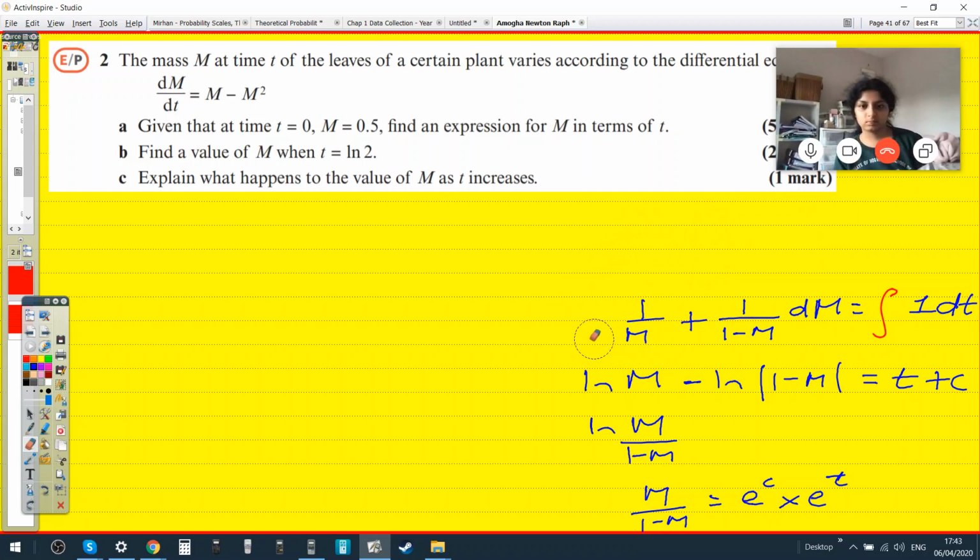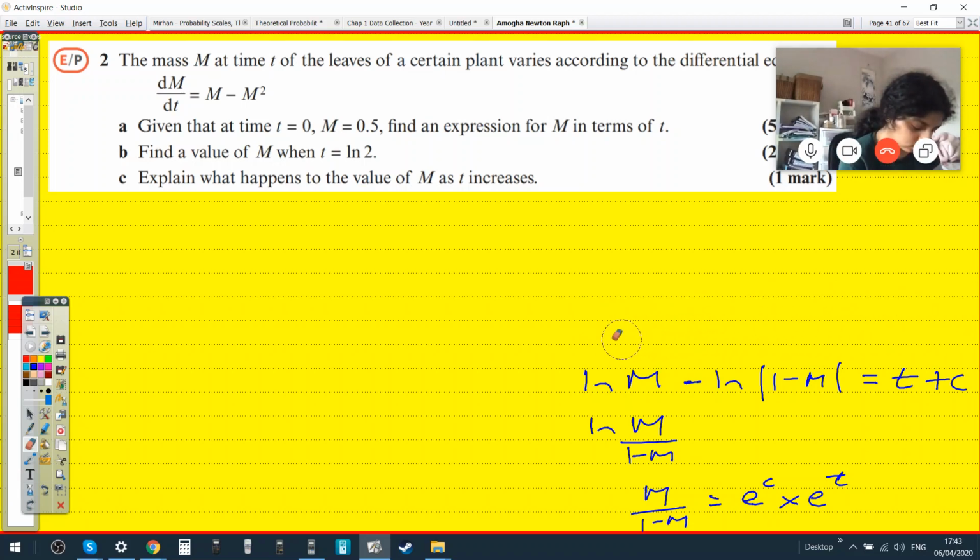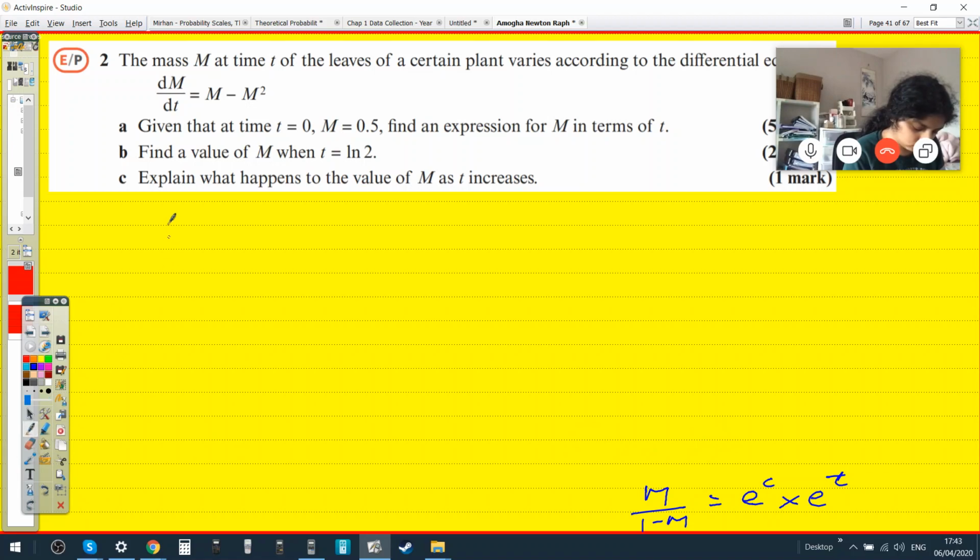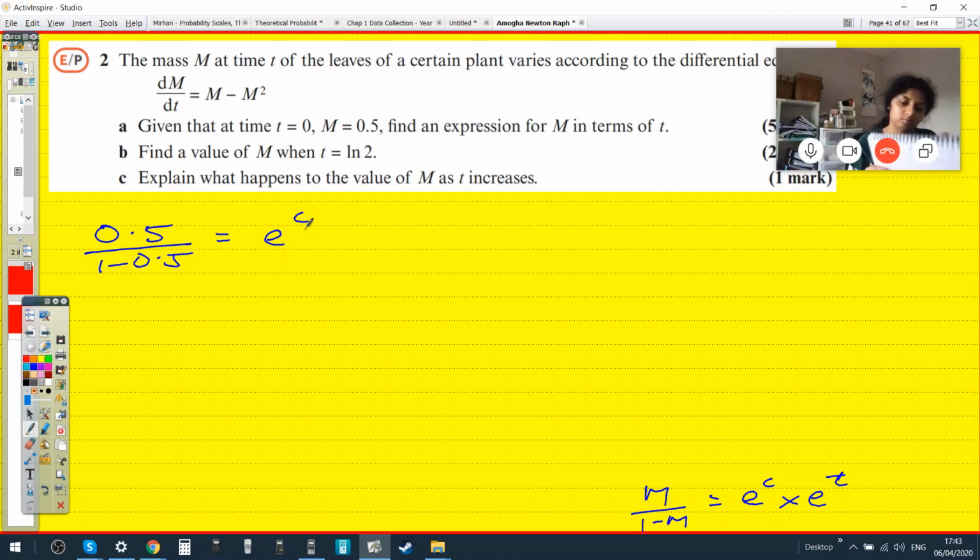Okay. Part B. m is equal to 2/3. And C. As t increases, wouldn't m get smaller?